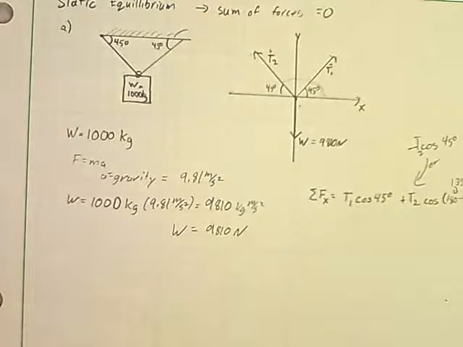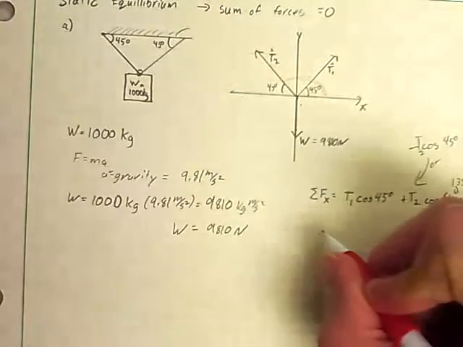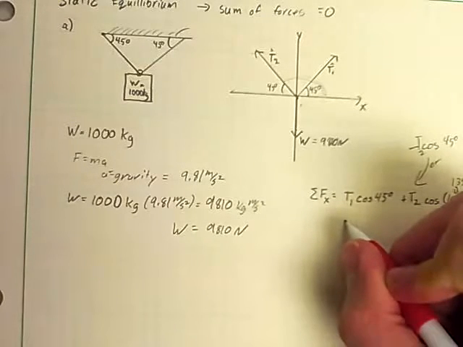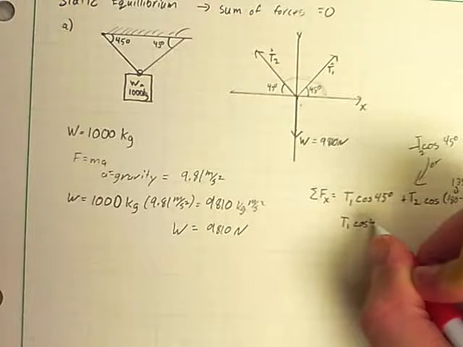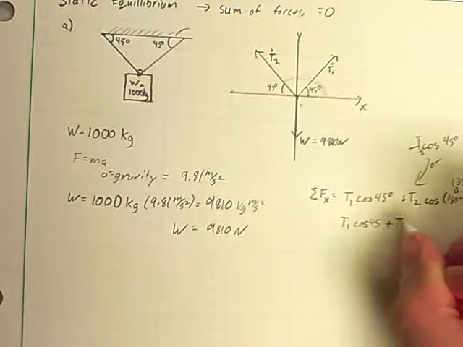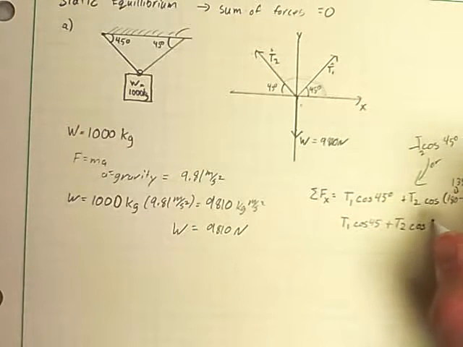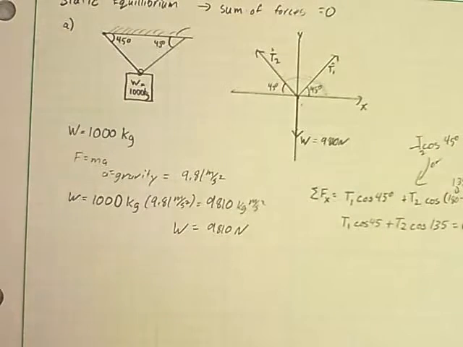And we should see that those come out to be numerically the same. So we know that T1 times the cosine of 45 plus T2 times the cosine of 135 has to equal 0.